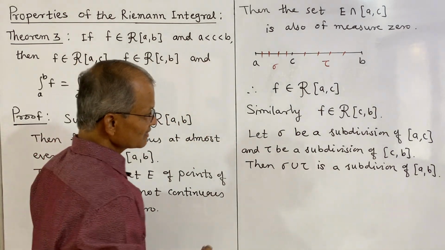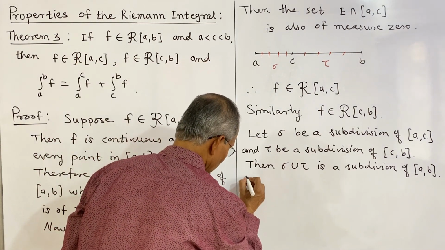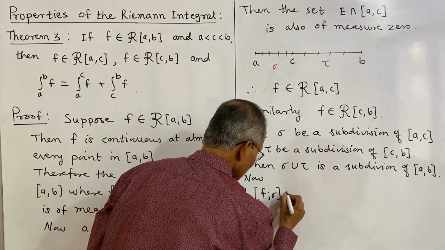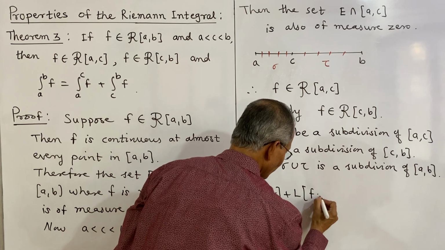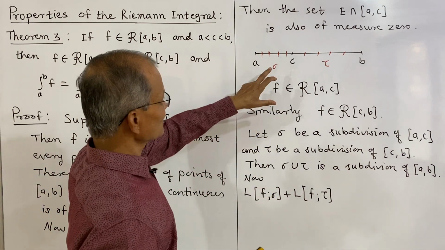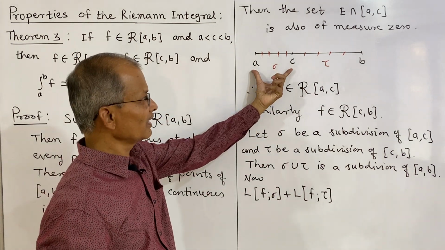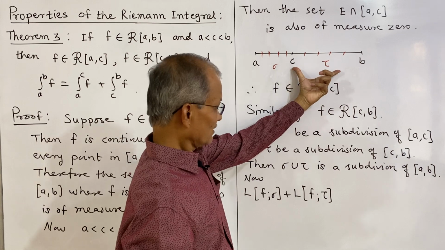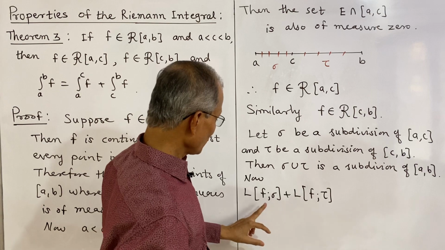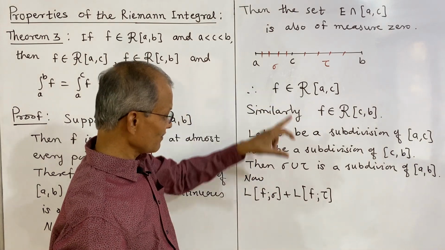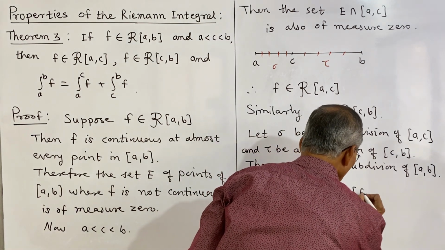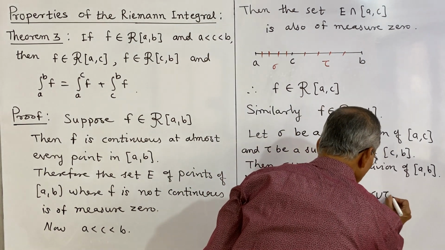Now what we should consider is the lower sum. The lower sum of f on sigma, this interval a to c, plus the lower sum of f on tau, the subdivision of this interval c to b, will be equal to the lower sum of f on sigma union tau.